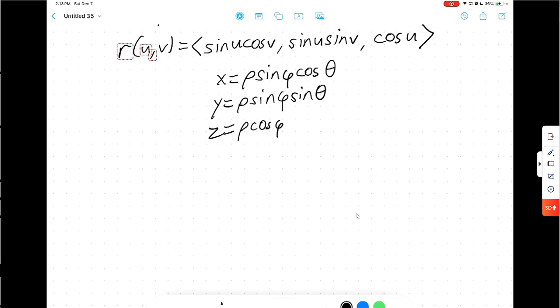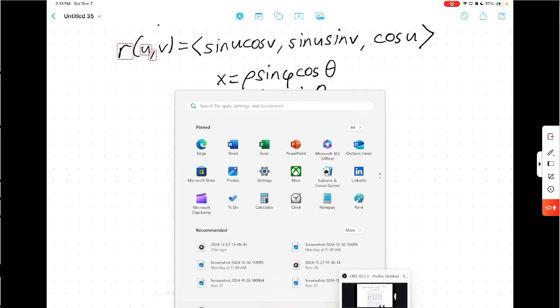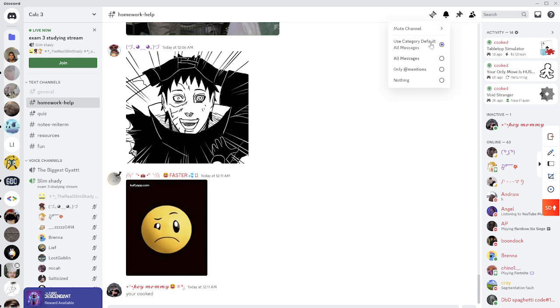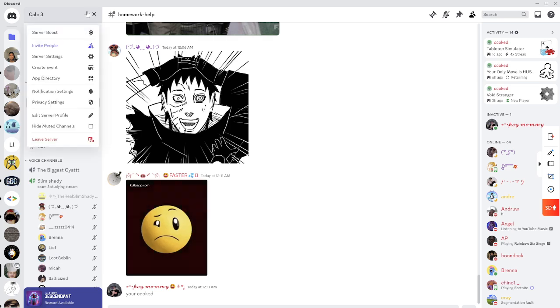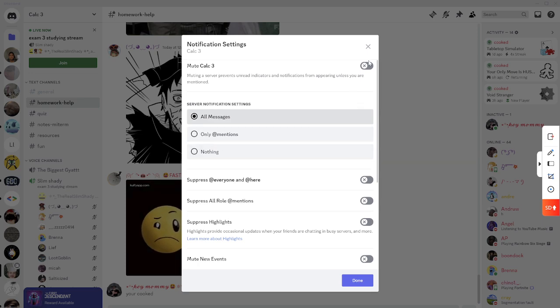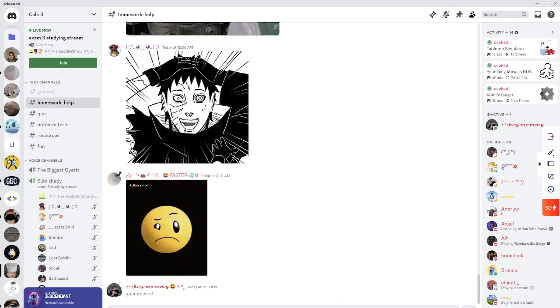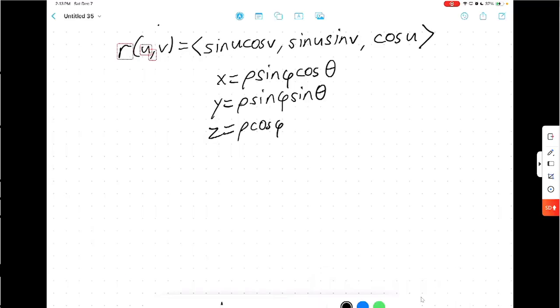I think I'm going to go to text channels, mute channel until I turn it back on. Okay, it's muted. Let me make sure the other ones are off. I don't know why it's doing this. It should be muted, calc 3, until I turn it back on. All right, now that's out of the way.